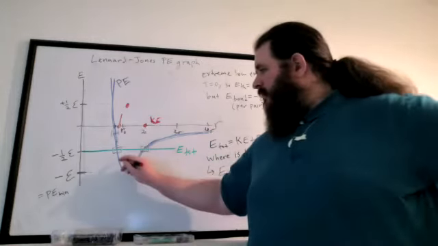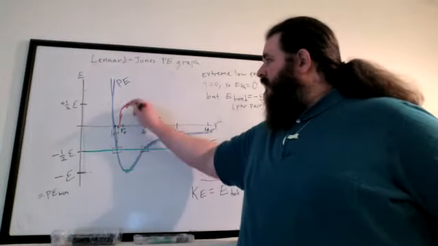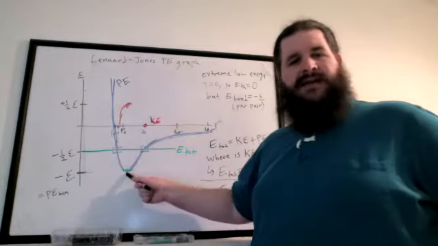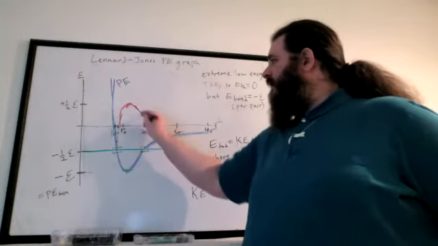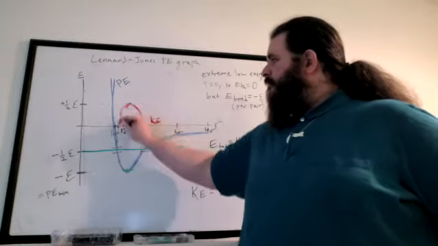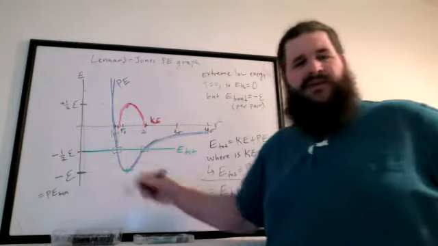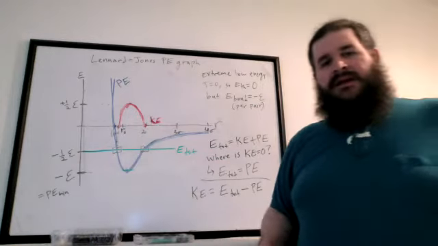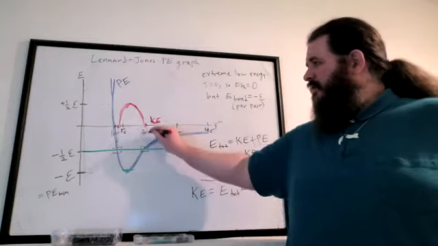We keep going to the right, potential energy levels off to a minimum, so kinetic energy has to level off to a maximum. After that, potential energy increases, so kinetic energy has to decrease. In fact, it's just going to look like an exact mirror image of this portion of the potential energy graph. Hypothetically, we could keep going. Potential energy increases further, so kinetic energy should decrease further.